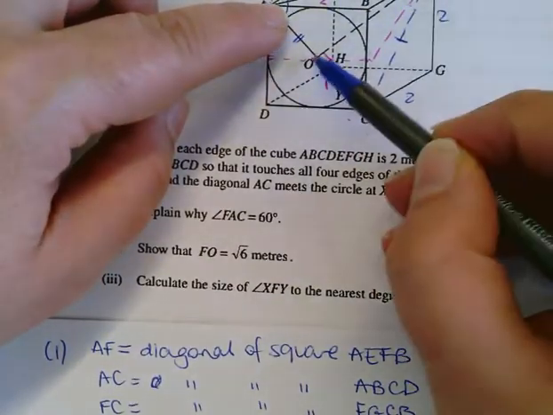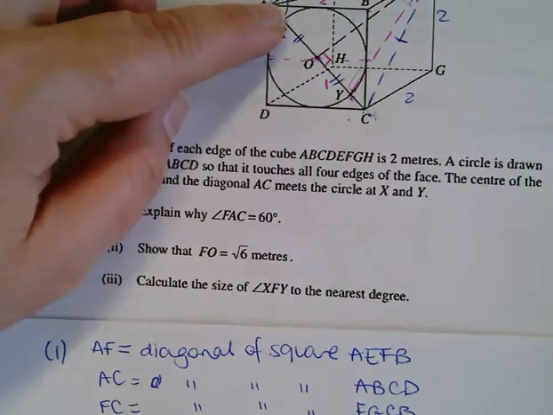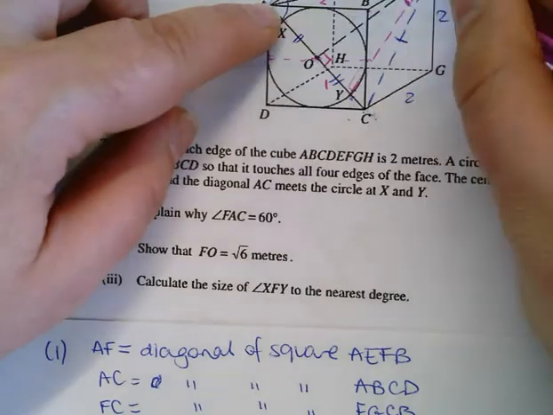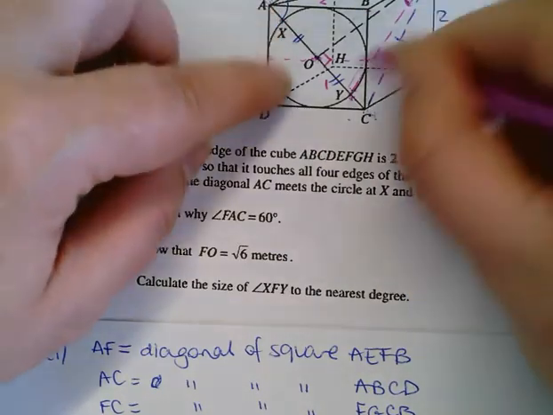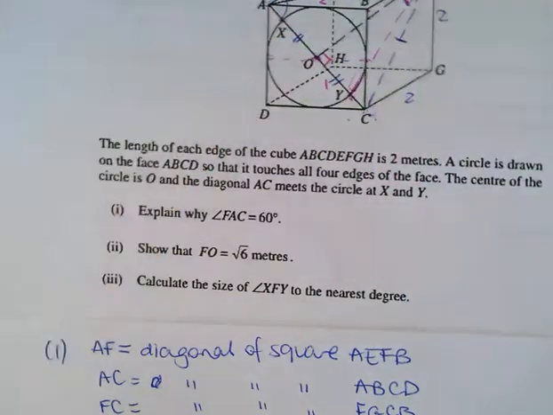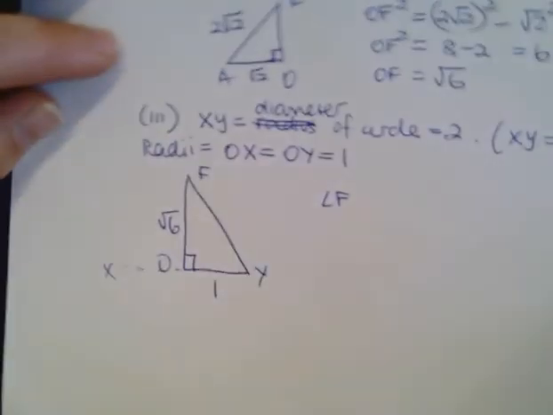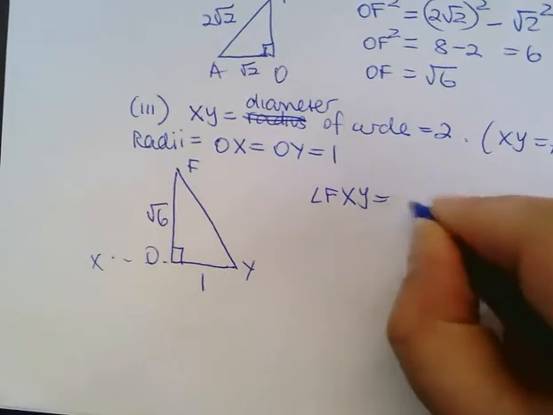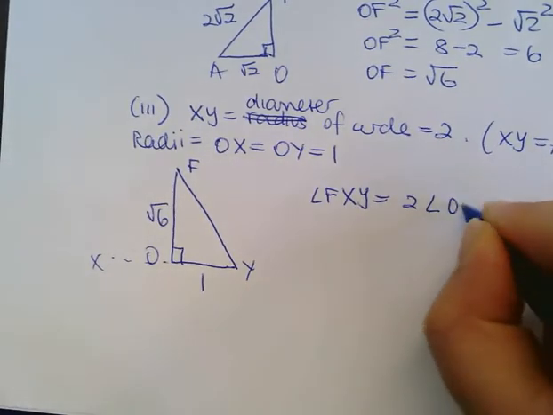Why don't we find angle OFY and double it? Oh no, I think I was pointing to the wrong angle before. Do you get that? The angle XFY is equal to 2 times angle OFY.